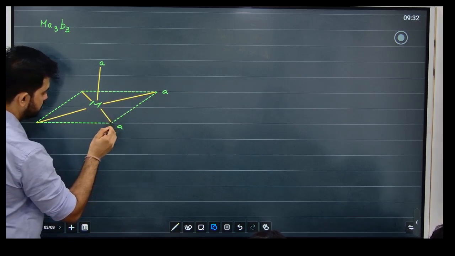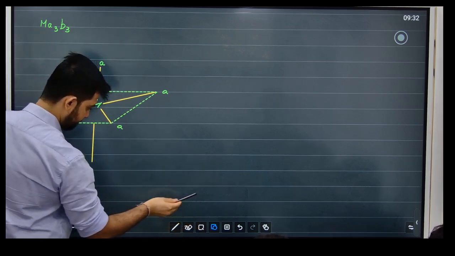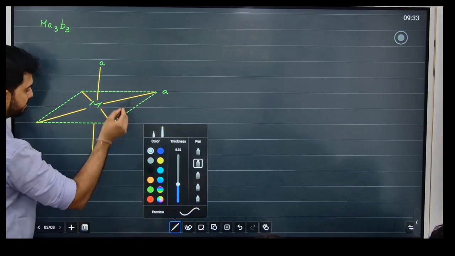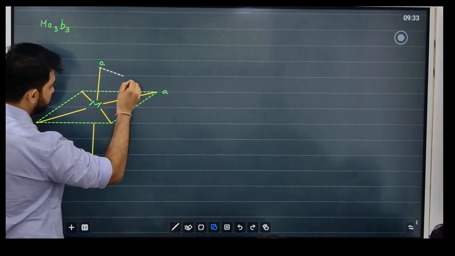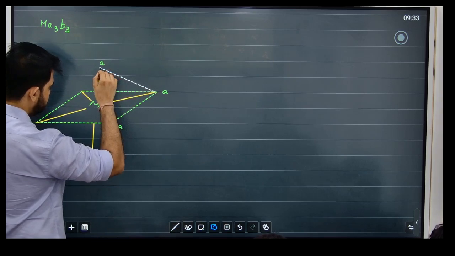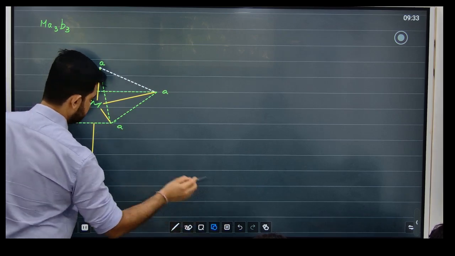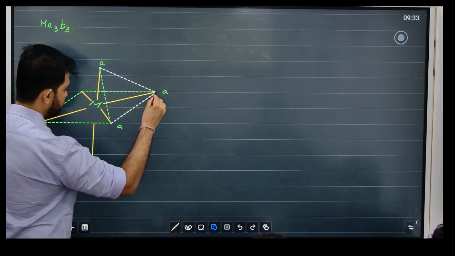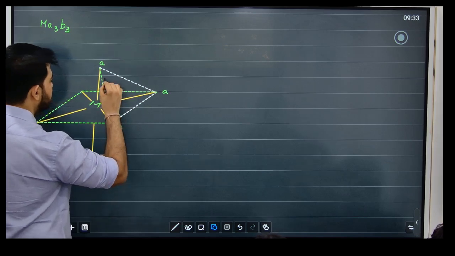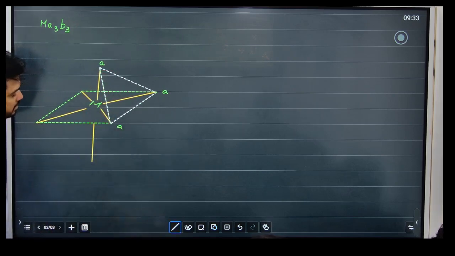If you join the A's with an imaginary line, what do you get here? You see a triangle. Can you see it or not? Yes or no?